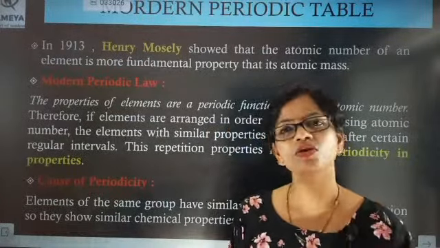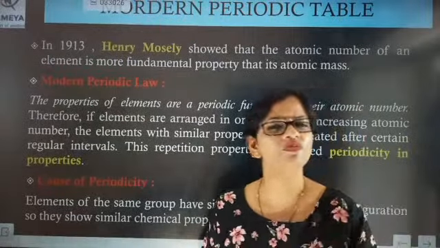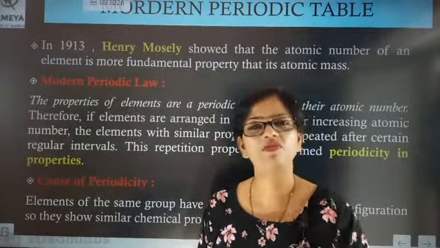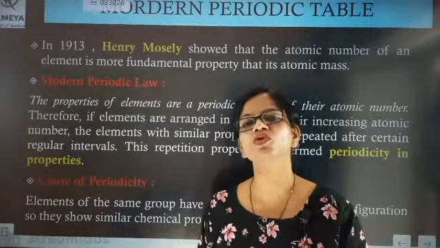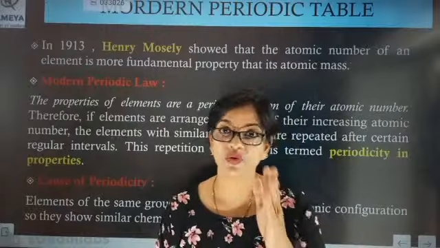Then only, see, take one simple example, beta. In your family, if 5 family members are there, and all 5 family members are always different, then the family will never be stable. You have to understand one thing.